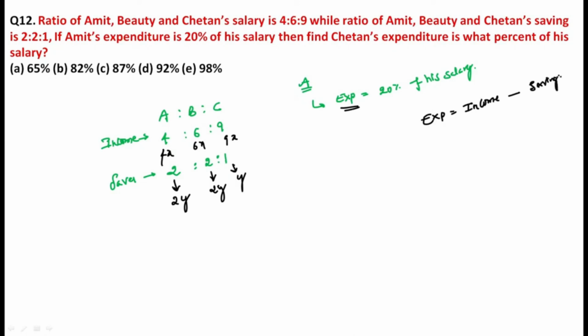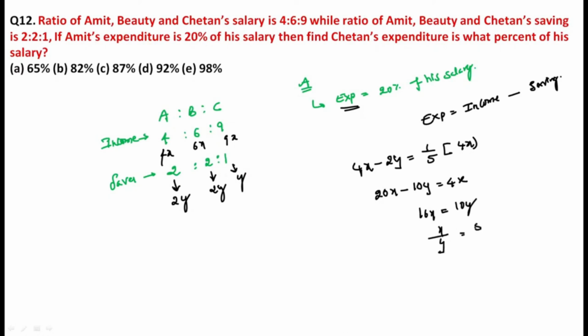The income 4x minus 2y is exactly equal to 20%, that is 1 by 5th, of his salary, which is 4x. For the final value, 20x minus 10y is exactly equal to 4x. Now you get 16x is equal to 10y. Now the x by y ratio becomes 5 by 6.